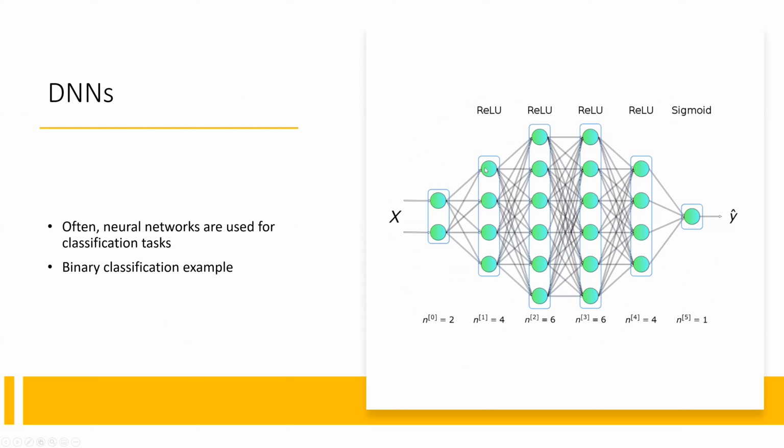Now, remember, each of these arrows is a linear function compounded with a nonlinear function, where the nonlinear function is written above the second layer. Here it's ReLU. So we have already a lot of complexity. And then you have an even deeper layer, so you have more complexity and more complexity. And then finally, in this final layer, we have a single node with a sigmoid activation.